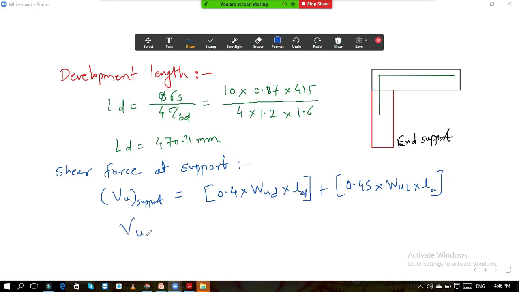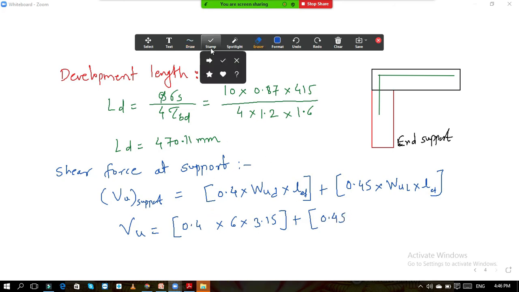So what is your shear force? It is 0.4 into load 6 into span 3.15 plus 0.45 into 4.5 into 3.15. To calculate this, we will get the value of shear force.